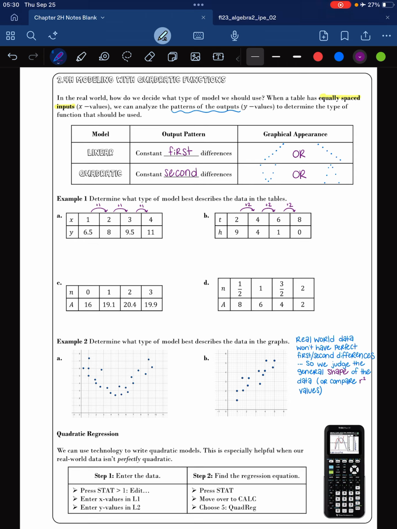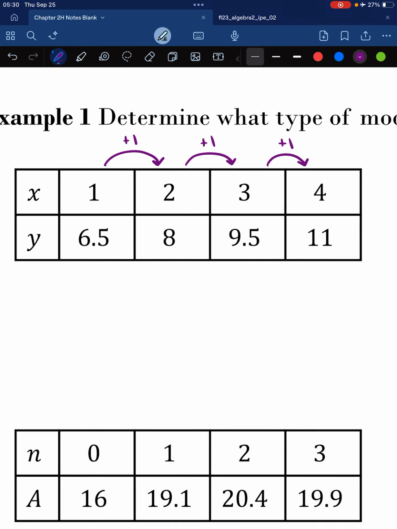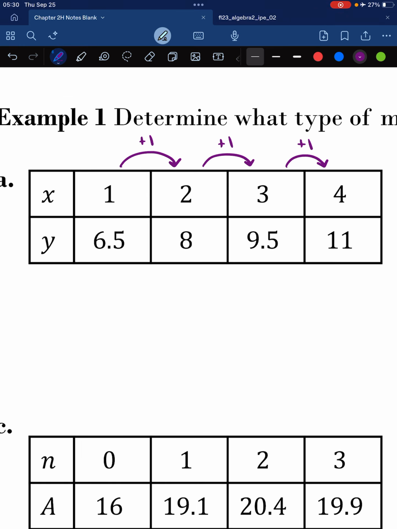What I mean is looking at the same kind of pattern we just saw for the x inputs, but for my outputs, or my y values: what am I going up or down by each time?